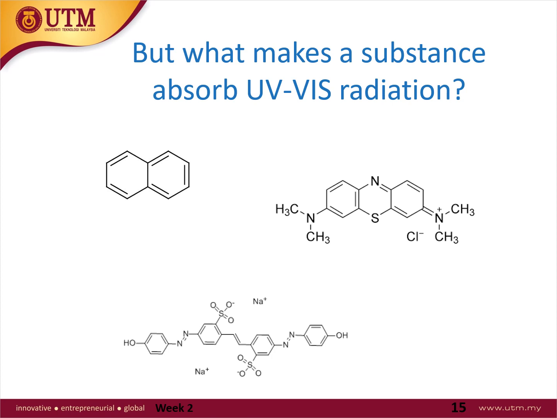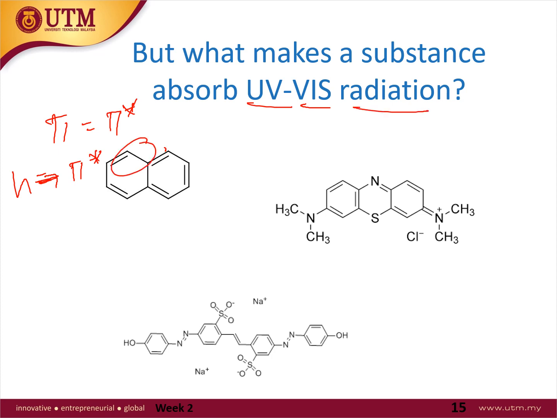Okay, the question is, what makes a substance absorb UV-VIS radiation? From the discussion about pi to pi star over here, and then we have n to pi star, you can quickly identify the double bond or triple bond that makes it able to absorb the UV and visible radiation.